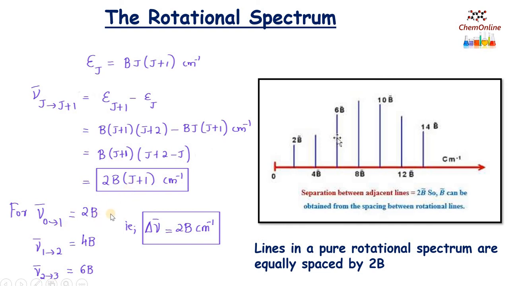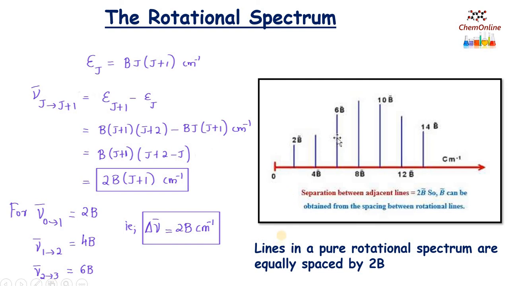Now the next transition will be from J equals 1 to J equals 2, because delta J can be only plus or minus 1. So J equals 1 to J equals 2 will have 4B. Similarly, for J equals 2 to J equals 3, we will have 6B. And it goes like this: 2B, 4B, 6B, 8B, 10B, etc. So from this, we can see that the separation between the adjacent lines is constant, which is equal to 2B centimeter inverse.